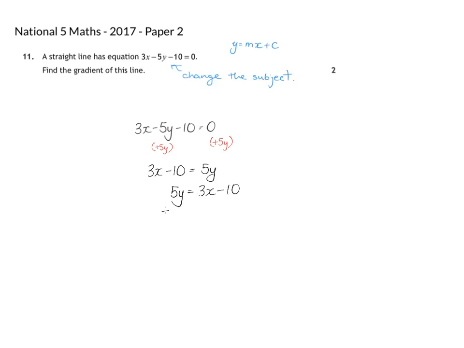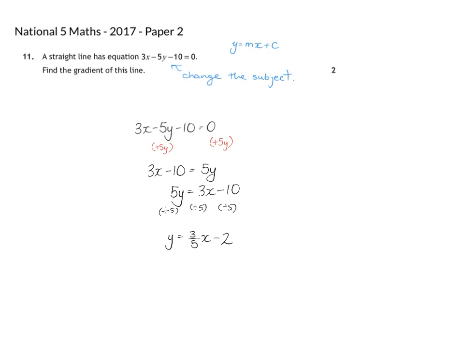There, now I need to divide both sides by 5 because I don't want 5y, I want y, and I'm dividing each term by 5. So 5y divided by 5 just gives me y. 3x divided by 5 gives me 3/5 of x, and 10 divided by 5 gives me 2.